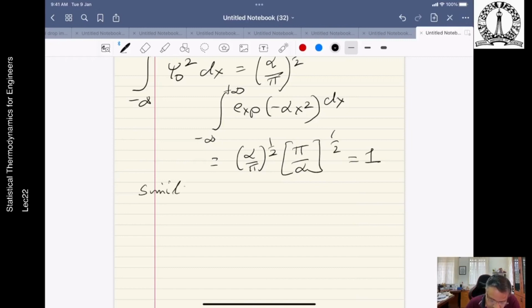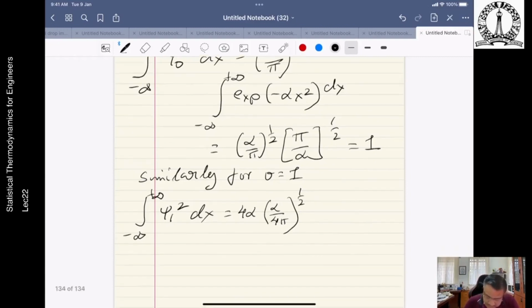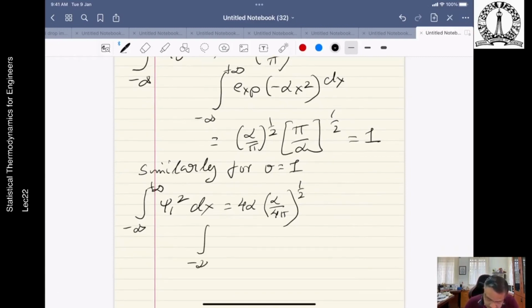Similarly, for v equal to 1, that is the second wave function, the integral from minus infinity to plus infinity of psi 1 squared dx is equal to (4 alpha cubed by 4 pi) raised to the power of half, times the integral from minus infinity to plus infinity of x square exponential of minus alpha x square dx.